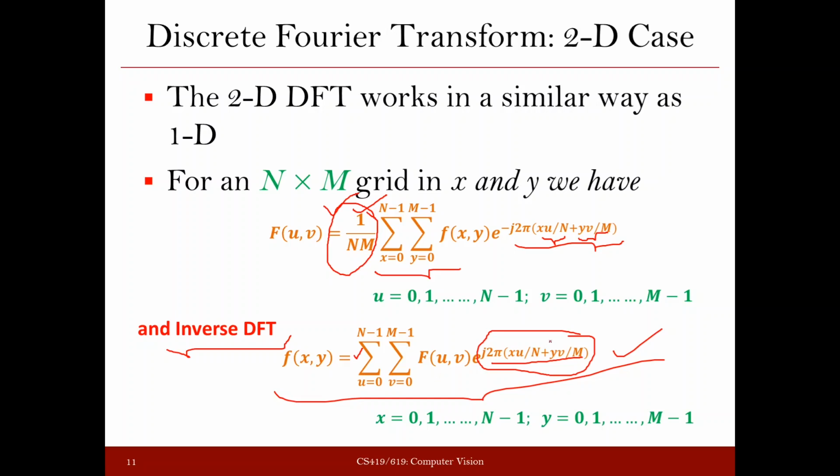But in the exponent it is going to be (xu + vy)/n. Okay, and obviously the ranges are going to change because m has become n now. So in place of having summation for y equal to 0 to m minus 1, we will have summation from y equal to 0 to n minus 1. Right? So these are the changes we are going to see.